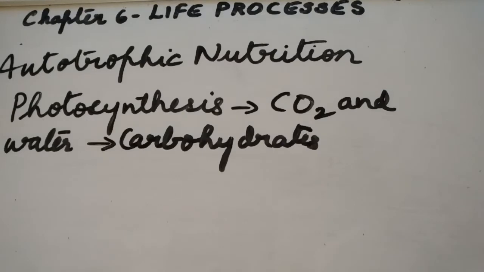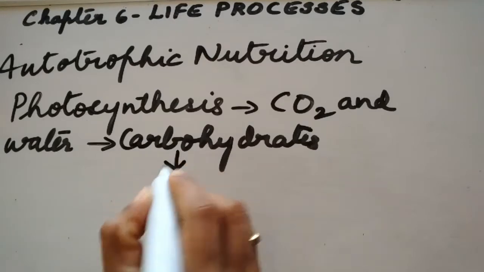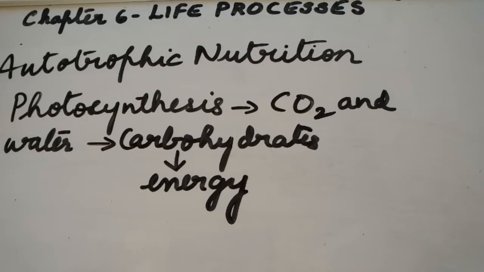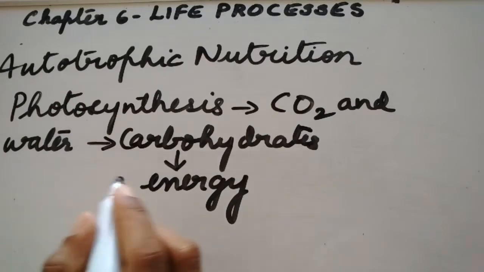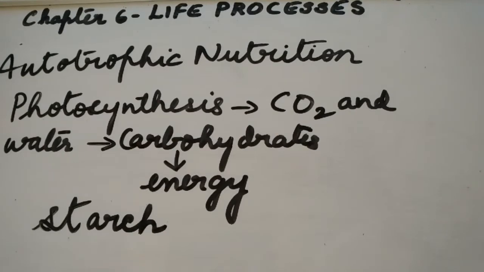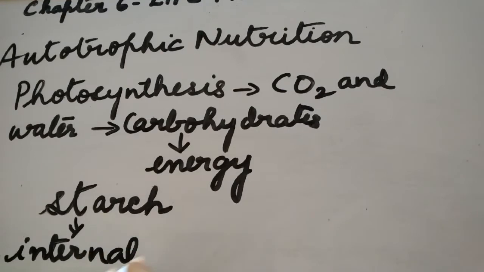Carbohydrates are utilized for providing energy to the plant. So, carbohydrates provide energy to the plant. The carbohydrates which are not used immediately are stored in the form of starch, which serves as an internal energy reserve.